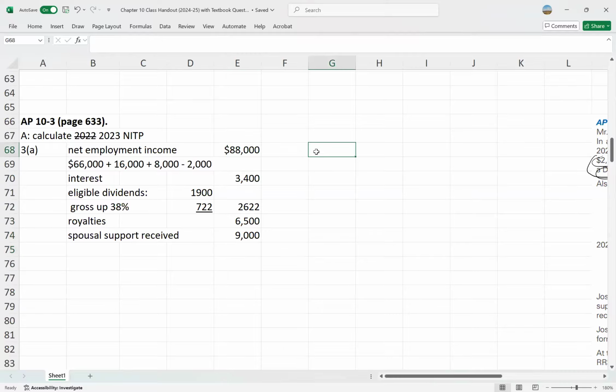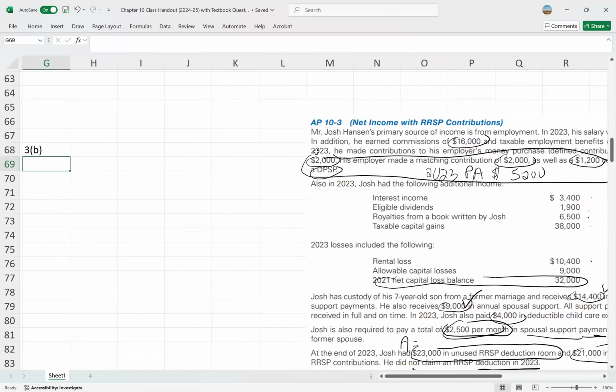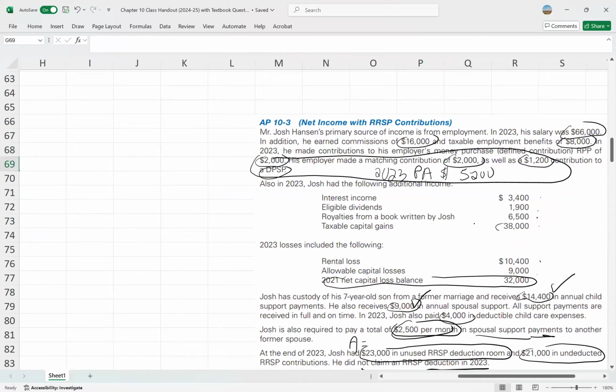And then we move to 3B. 3B is the excess of the taxable capital gains over the allowable capital losses. And so once again, wording is important. They give us the taxable capital gains and the allowable capital losses, so 38,000 and 9,000. And so the 50% has already been applied. If they gave us capital gains and capital losses, we would have to multiply by 50%.